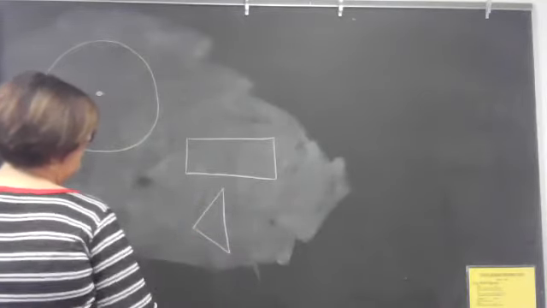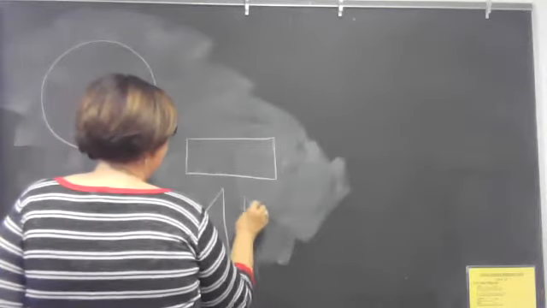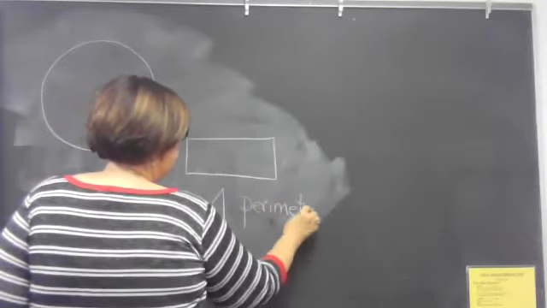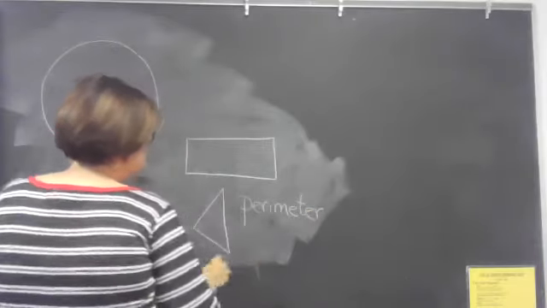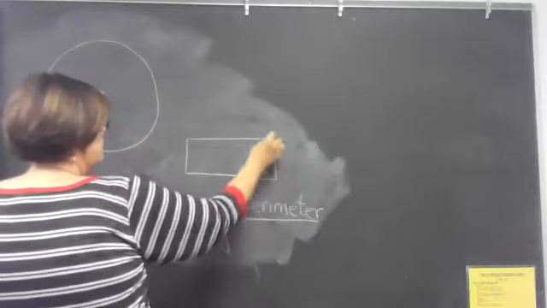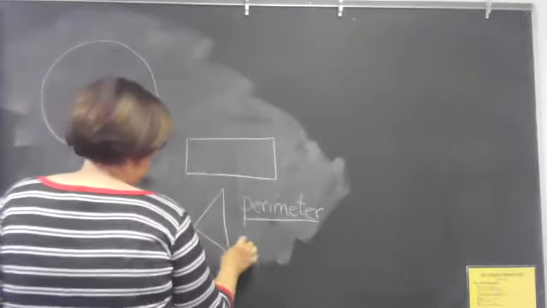We were trying to find the perimeter. And a reminder, the perimeter was the distance around a polygon, just the distance around.